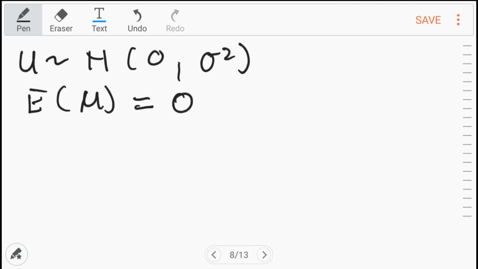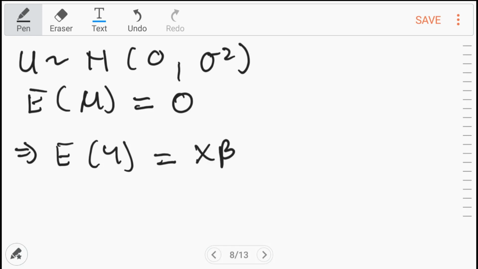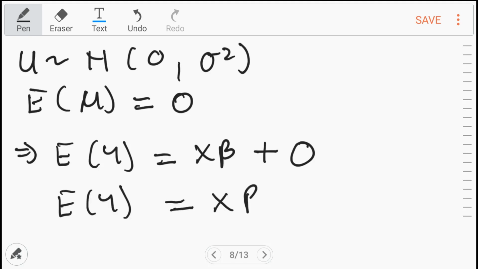So this implies that the expected value of y is equal to x beta, because x beta is constant. If you find the expected value, it is the same thing, plus the error term 0. It means that the expected value of y is equal to x beta.